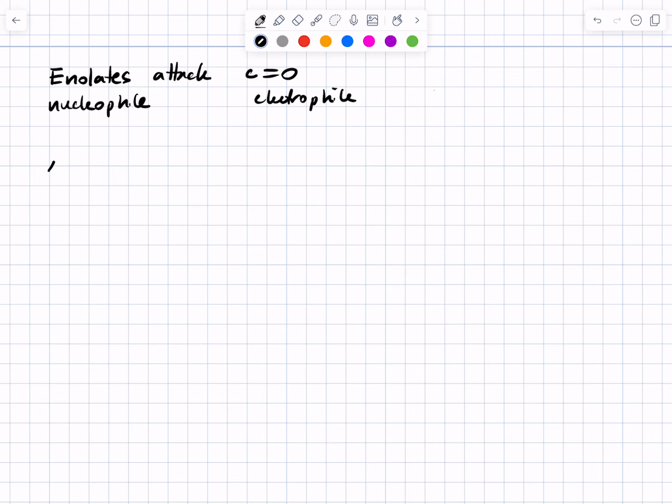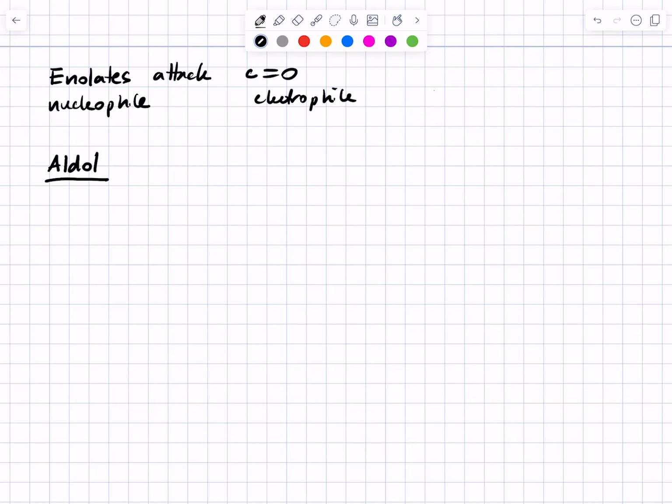So we'll start with the reaction that's called the aldol reaction, so named because the initial case, as it was discovered, was an aldehyde reacting to form an alcohol. So let's give you an example of an aldol reaction.